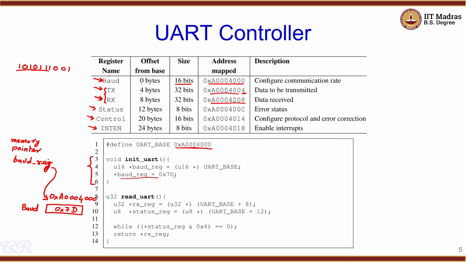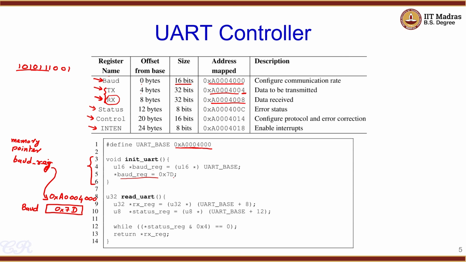You can observe how we make this memory pointer, which is a 32-bit U32, defined as rx_reg. We are making it point to UART_BASE, that is 0xA004000, plus 8 bytes, right? So that essentially is our RX register.